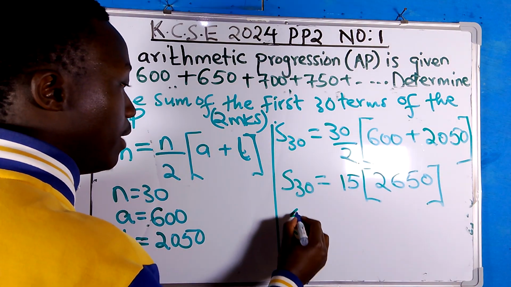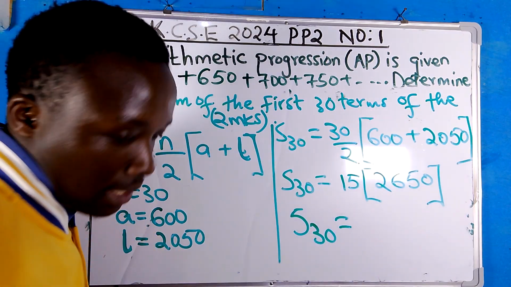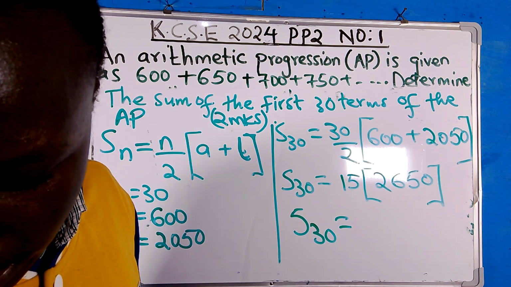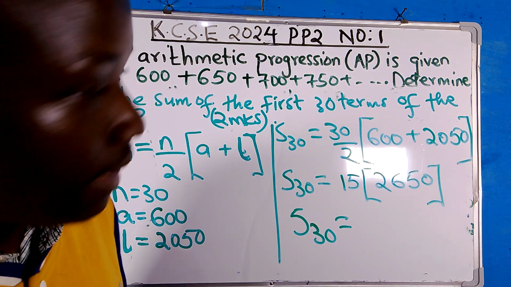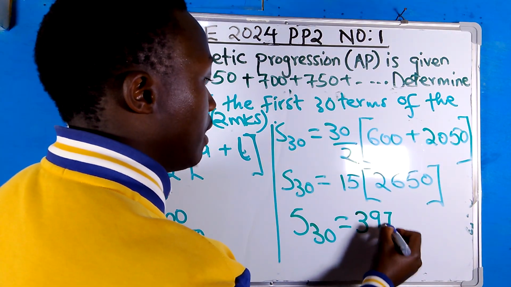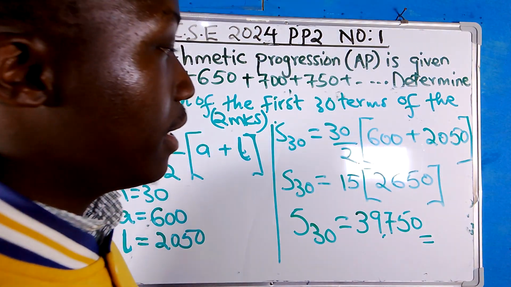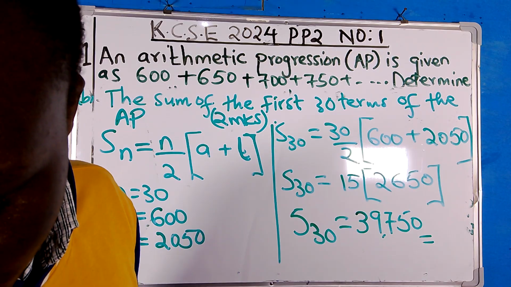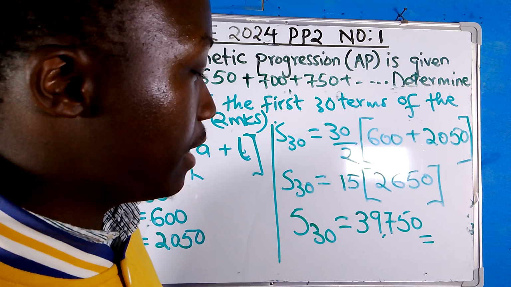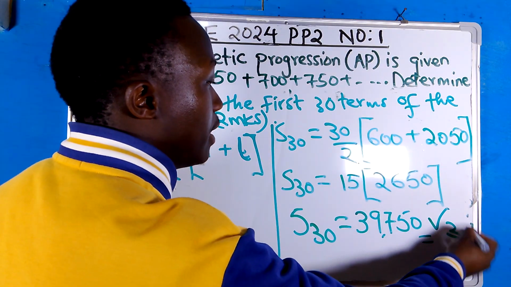And when we multiply 2650 by 15, we will get the sum of 30 terms as 39,750. So we can confirm this: 2650 multiplied by 15 gives us 39,750, and by doing that you get 2 marks.